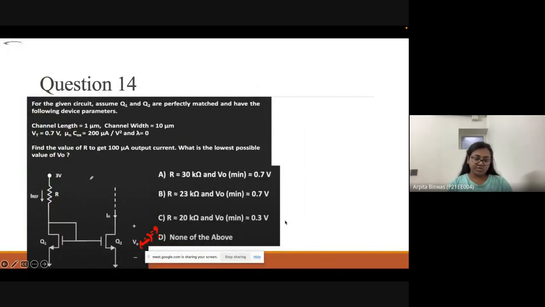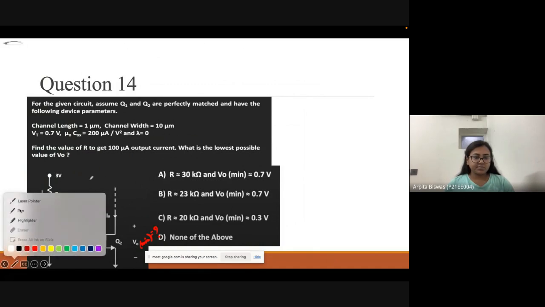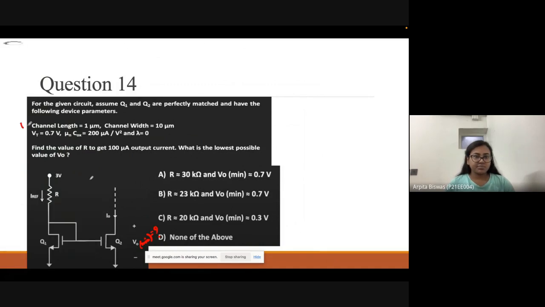So how to find this out? Let us see the value given here. For both transistors to match perfectly, I0 is equal to I reference.